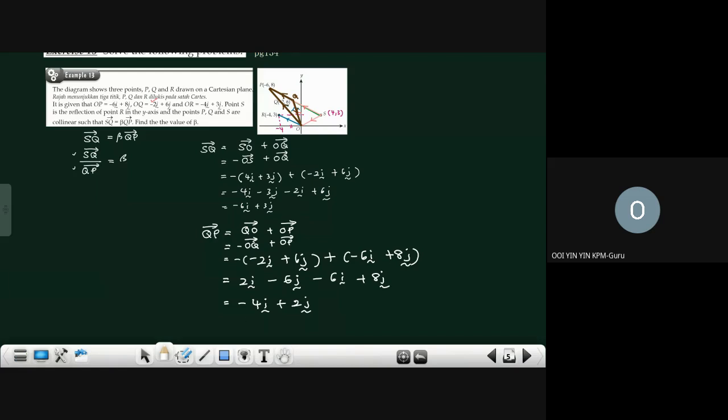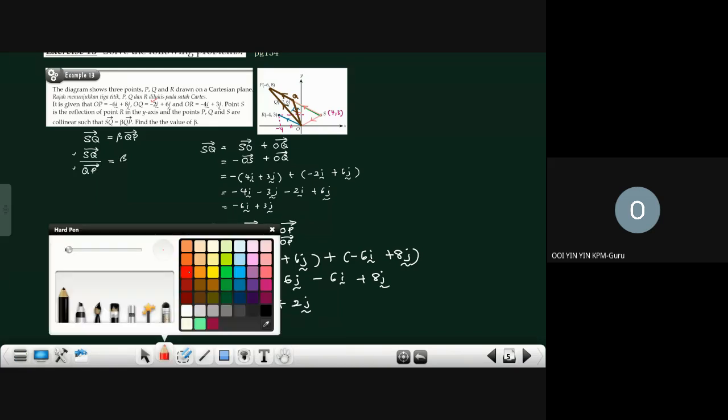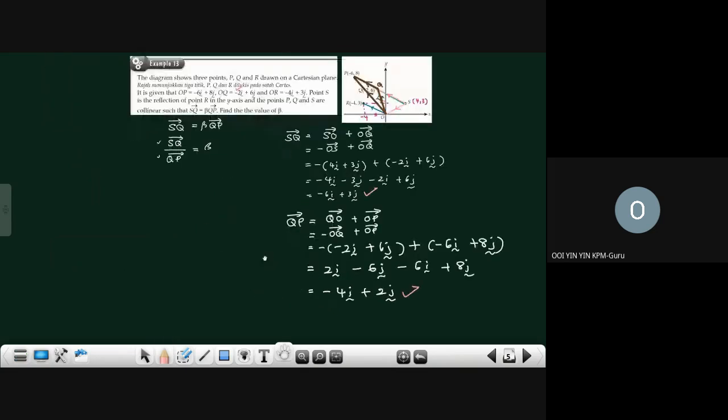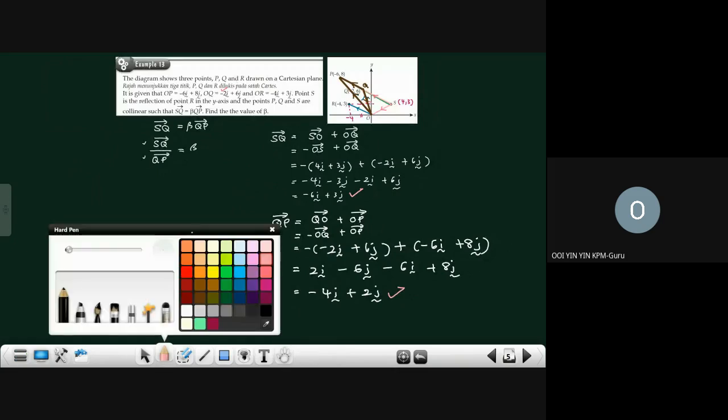Okay, now since we already have these two, your SQ and your QP, now we can go back to find our beta. Okay, so our beta here, SQ over QP. Write in your SQ and QP.